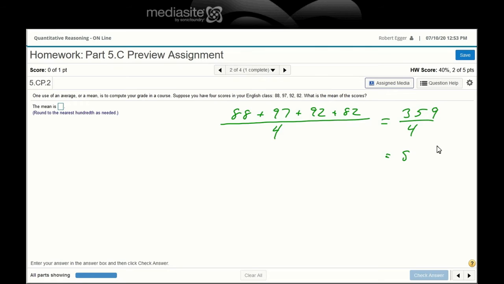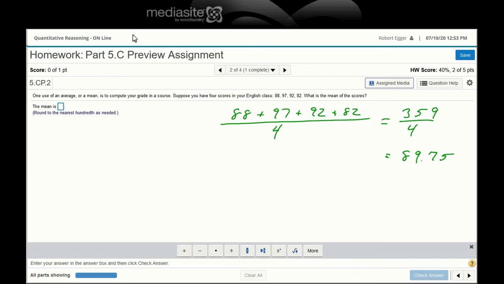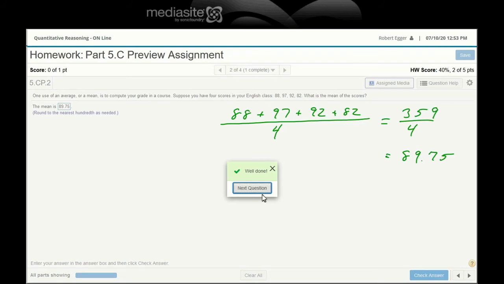That gives me an 89.75 average. And that's correct. So again, all we did was add up the 4 numbers, divide by 4, and get 89.75.